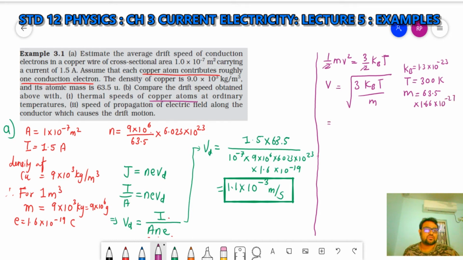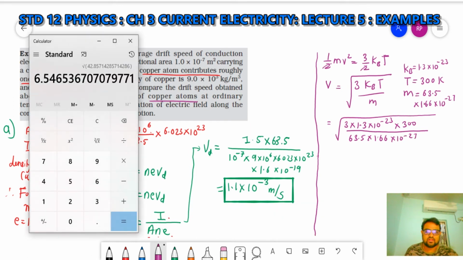So when I put in the values, 3 kB means 1.3 into 10 raised to minus 23 into 300, upon the mass, that is 63.5 into 1.66 into 10 raised to minus 27.